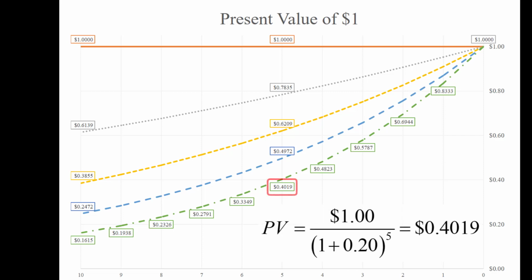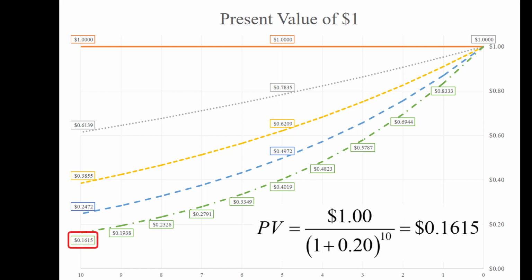We'll see our value for 5 years. If we were able to save 0.4019 and earn 20% per year for 5 years, we would have $1 in the future. And for 10 years, if we needed to have $1 10 years from now, we could invest $0.1615 today if we earned 20% per year.